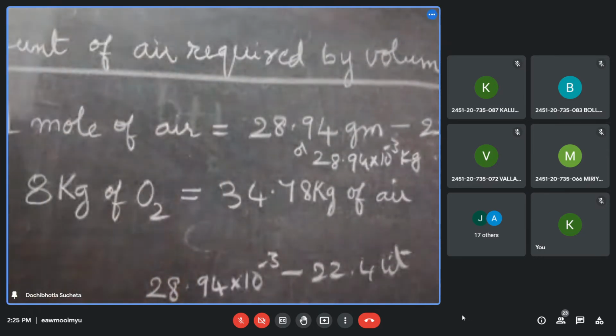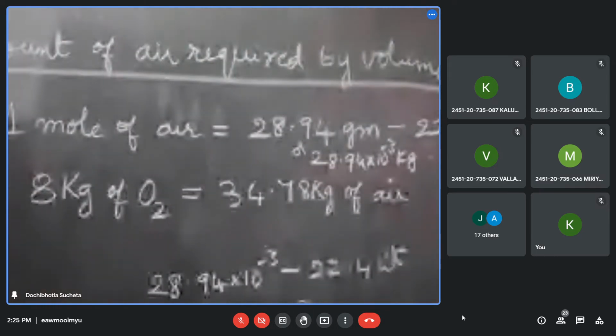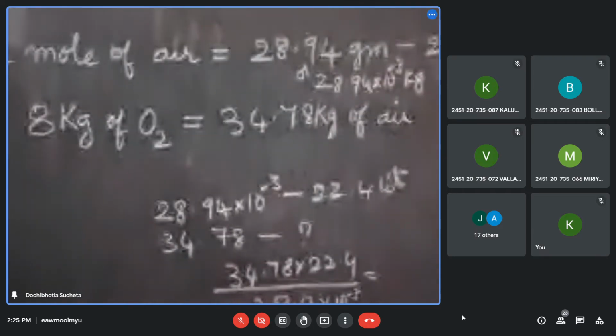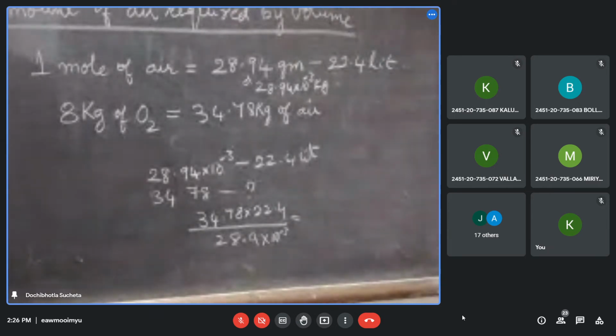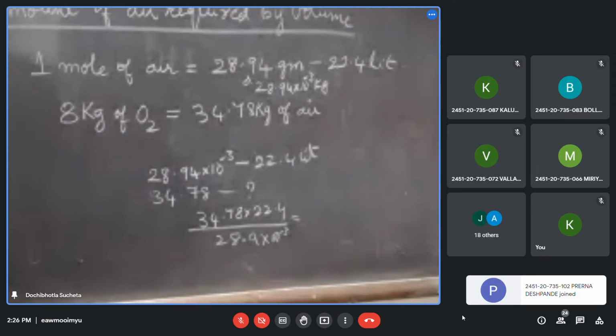This will come to 34.78 into 22.4 divided by 28.94, which is equal to 26.9, that's the answer.